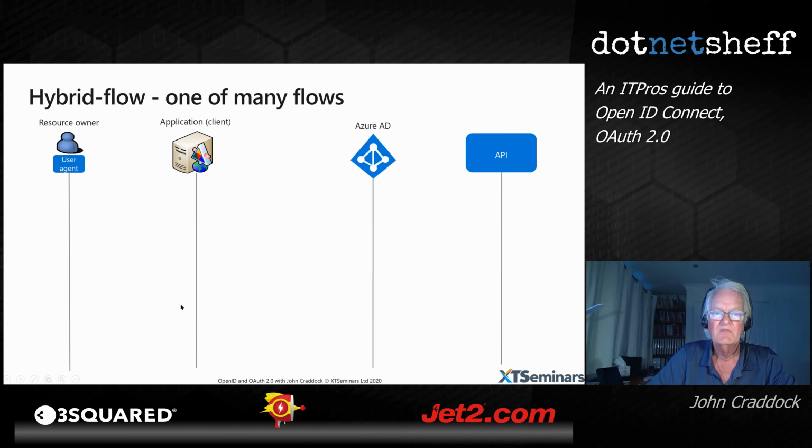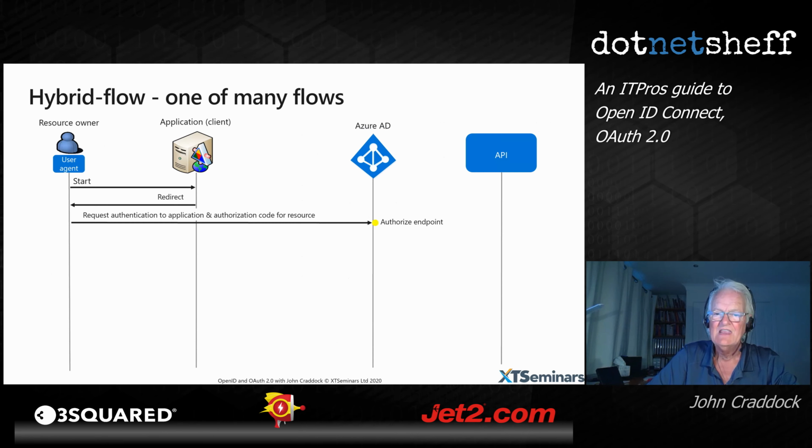Hybrid flow is one of many flows, just to give you an idea. So our user hits the app. The app says, you're not authenticated. I'm going to shoot you off to Azure AD and tell you to get authenticated. And there's a redirect request, and the request says, please authenticate this user to this application and return an authorization code and maybe an ID token as well.